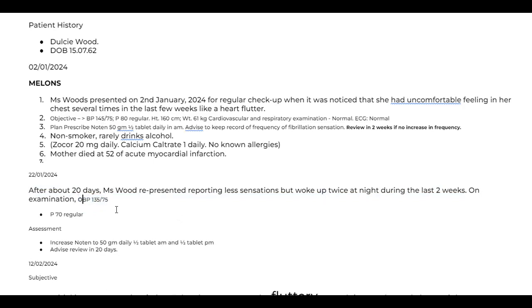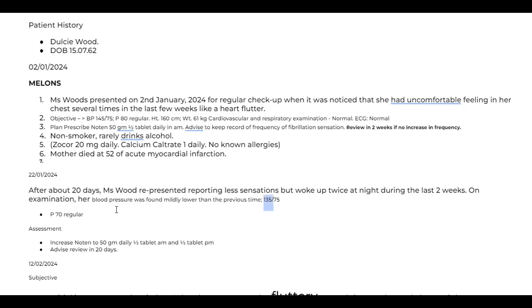So, on examination, her, don't write BP, write blood pressure was found. Always use found, mildly lower than the previous time. You don't have to mention what the previous time was. Previous time.